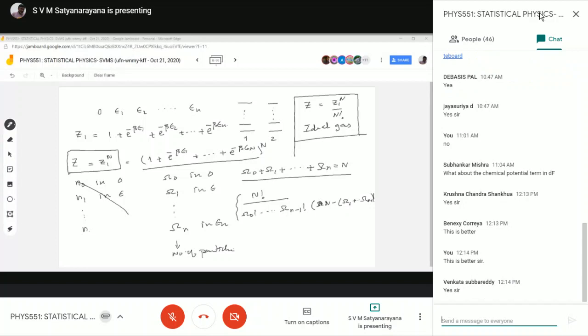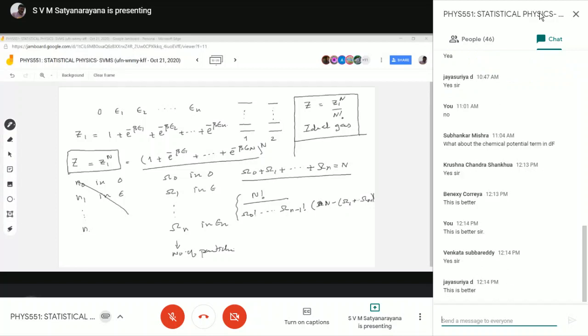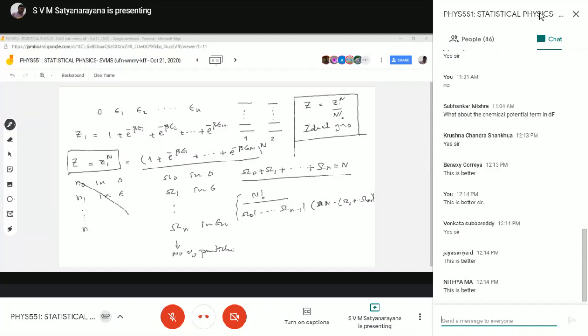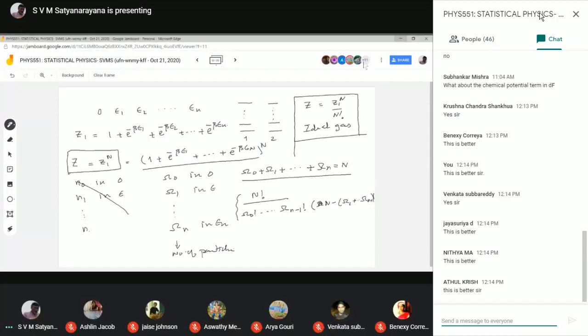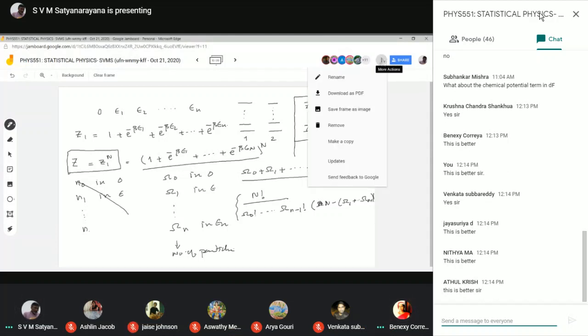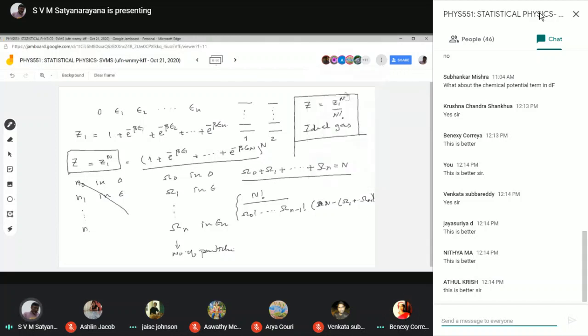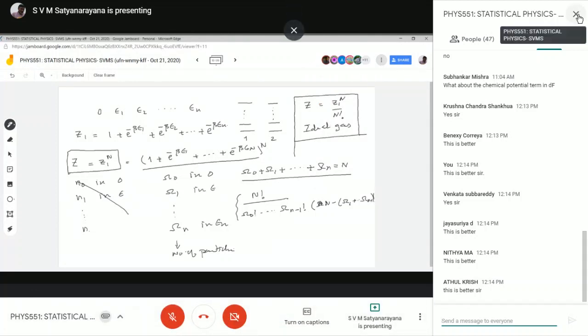Of course, I have to check whether I can make a PDF of this file. I don't know. Download as PDF. Open it and do it. Great. So then I think that's fine. You can also download this as PDF.